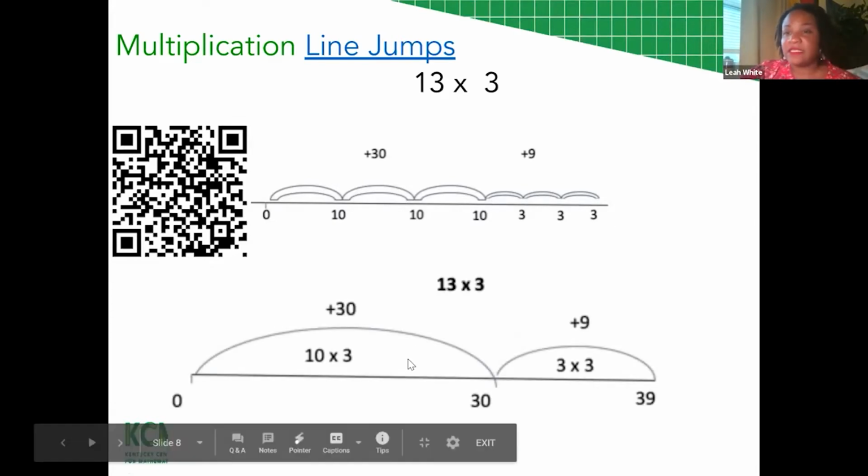This is a model that I got from the Red Book. As you can see here, it's the same idea on a number line. We do those 3 hops, bigger chunks, more groups, and then we combine those 3 hops of 3 with 3 hops of 10 to give us our product at 39.